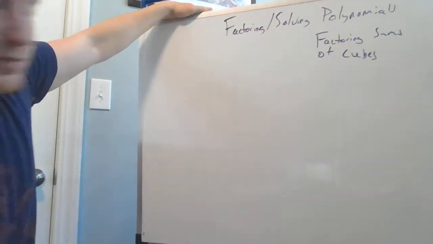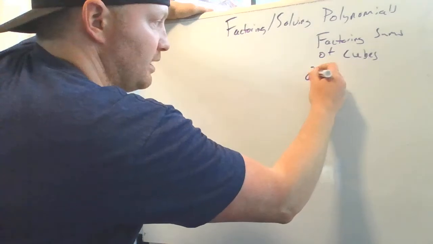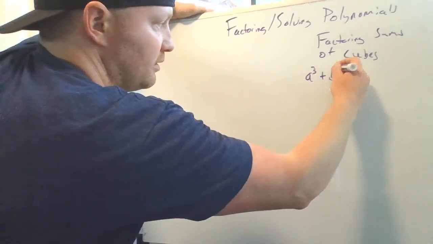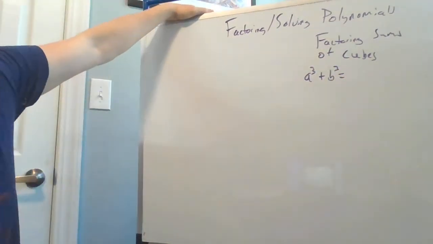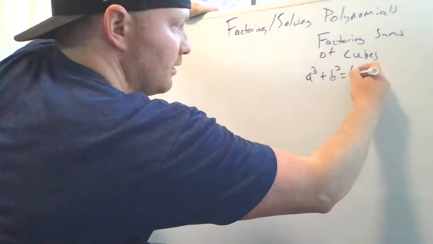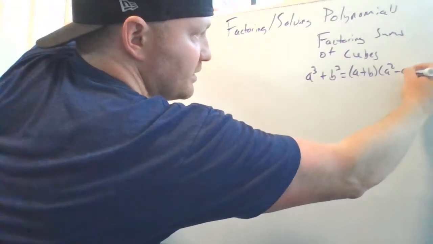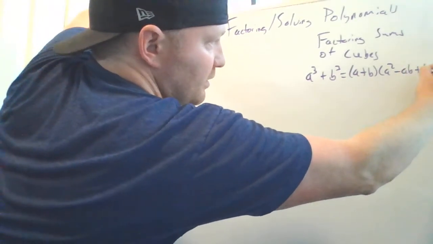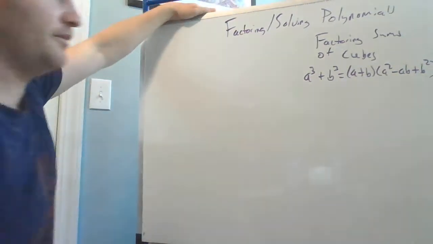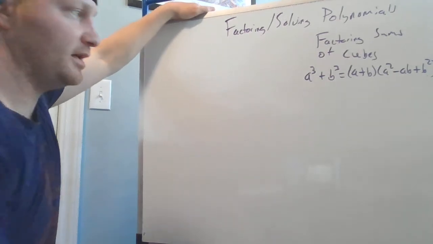And if you have a cube such as a to the 3rd plus b to the 3rd, this is going to equal a plus b times a squared minus ab plus b squared. Okay, and I'll show you what this means in just 1 second.